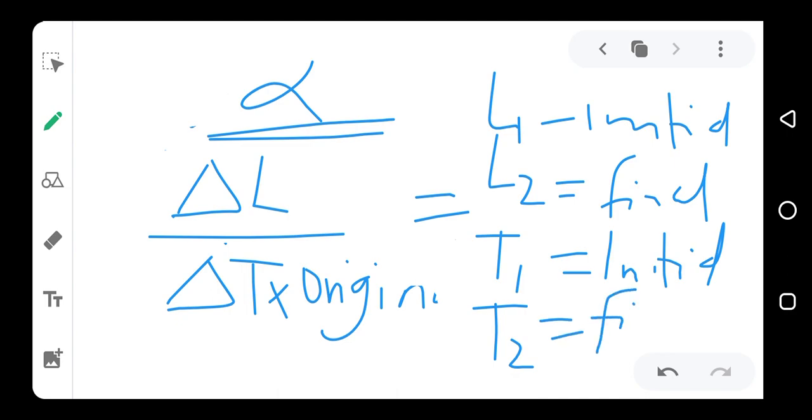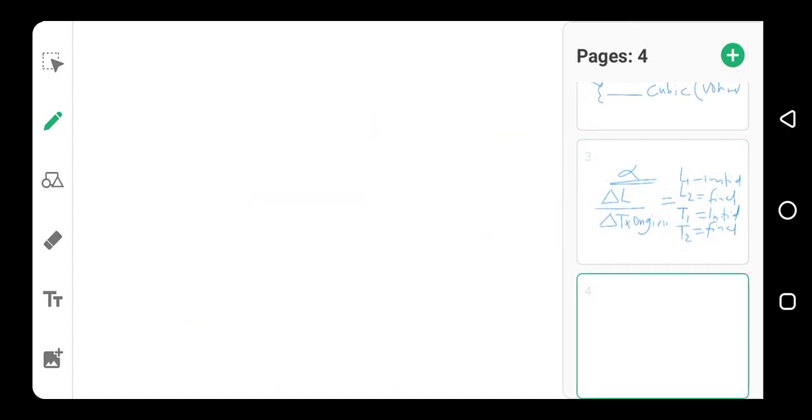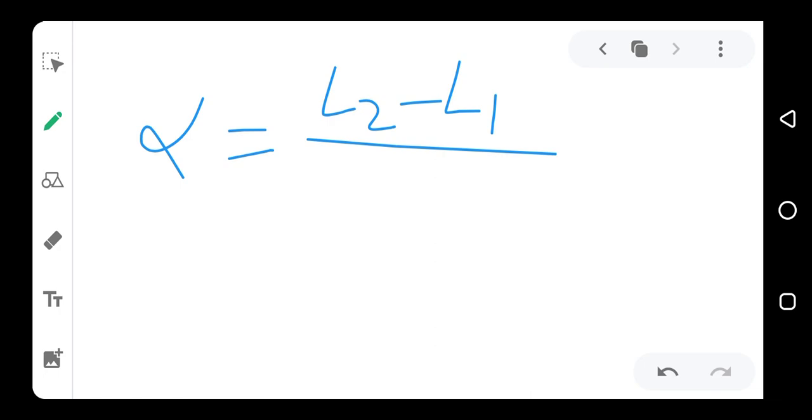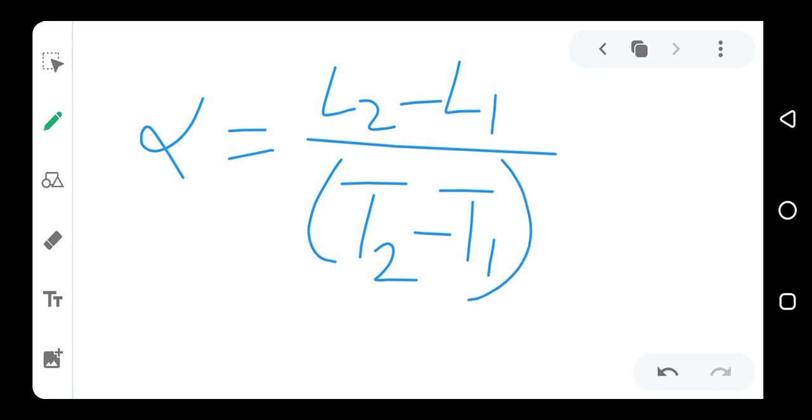Final temperature. Now the formula or the expression for linear expansivity is telling us that linear expansivity, alpha, is equal to change in length, which is L2, the final length, minus the initial length, L1, over change in temperature, which is T2 minus T1, everything times L1, where L1 is the original or the initial length.